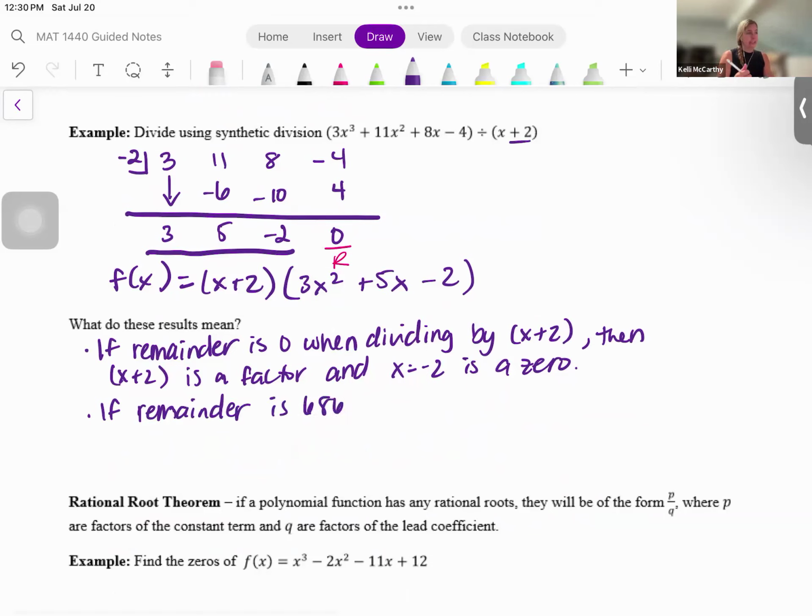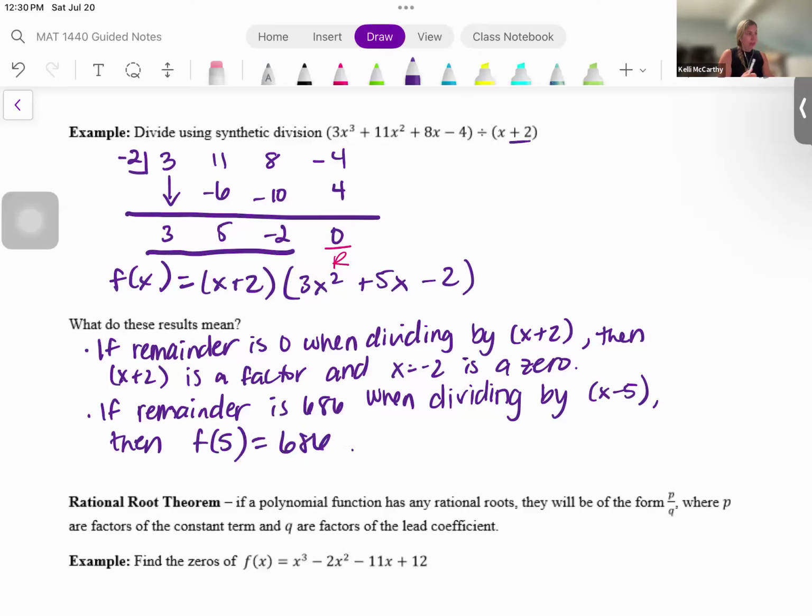If the remainder is 686 when dividing by x minus 5, then I know that f of 5 is equal to 686. And this is a quick summary of the remainder theorem.